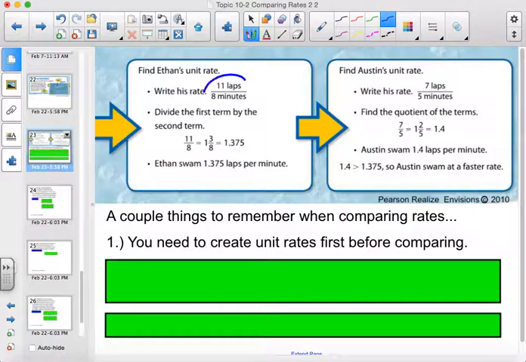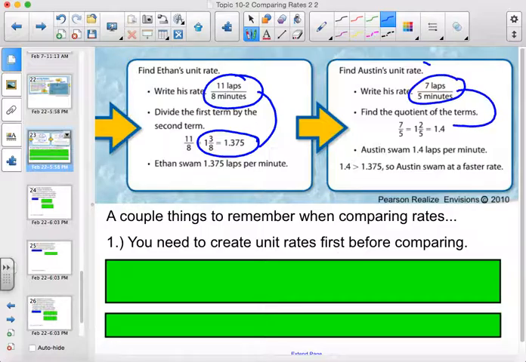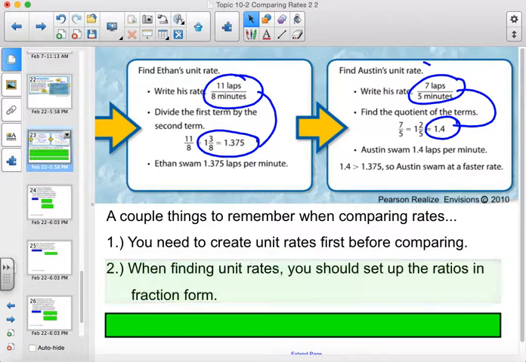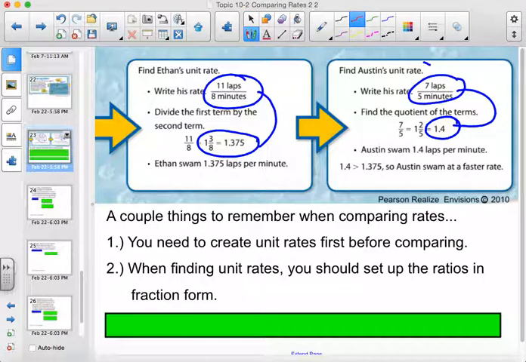They took this rate and they made a unit rate. They took this rate and made a unit rate out of it. The second thing when finding unit rates, you should set up the ratios in fraction form. Fraction form, just like we did up here.